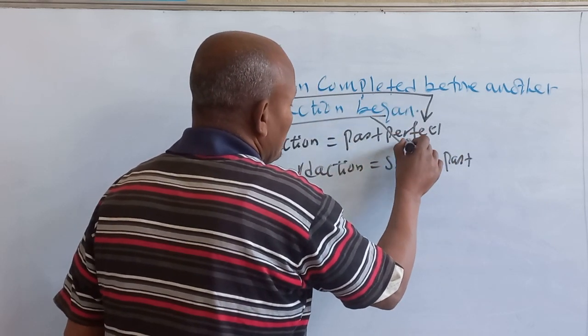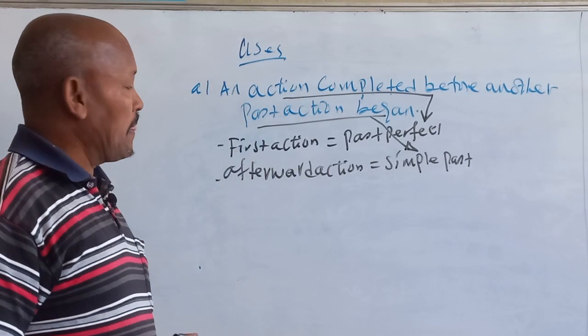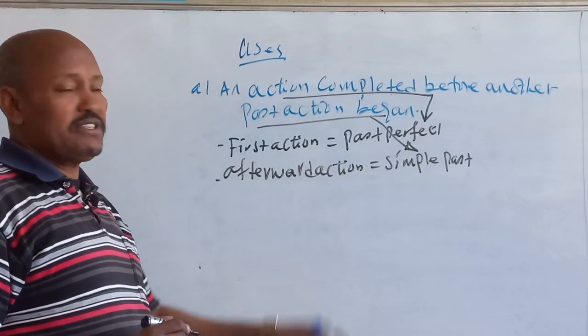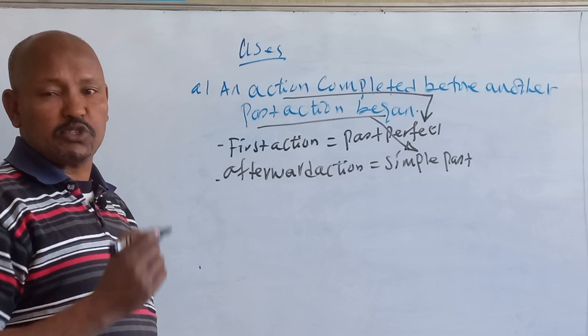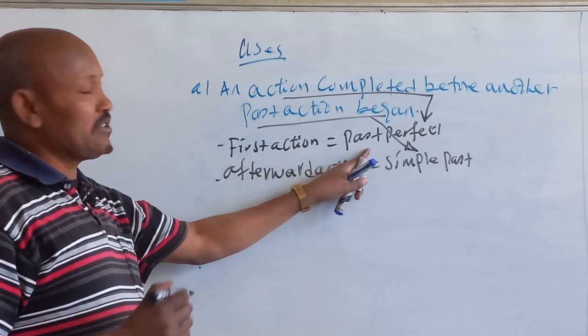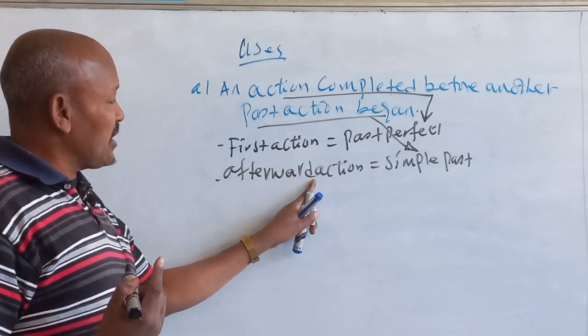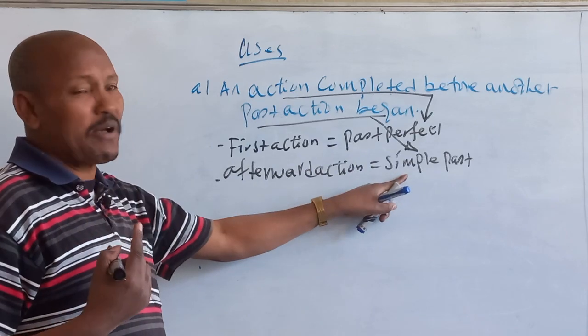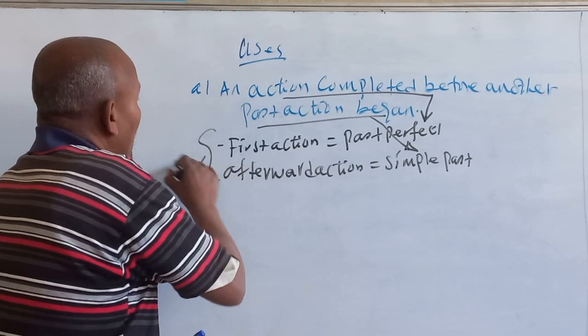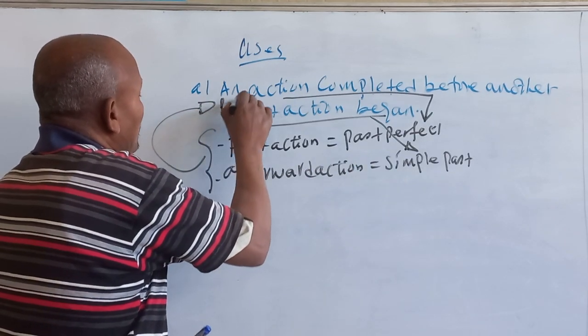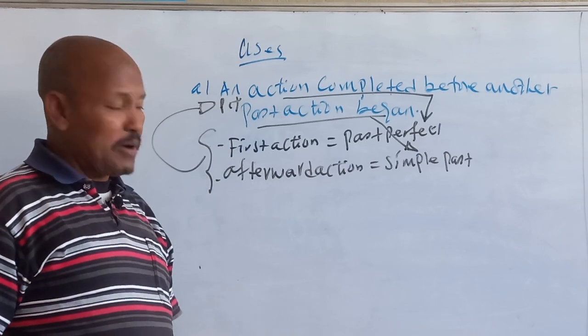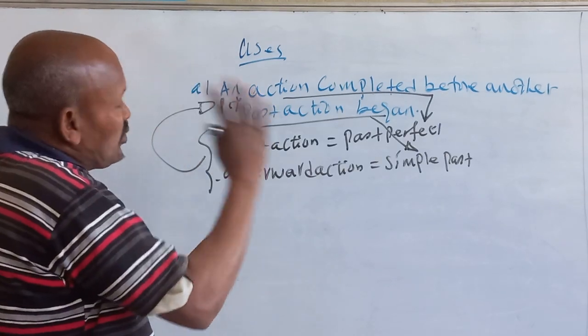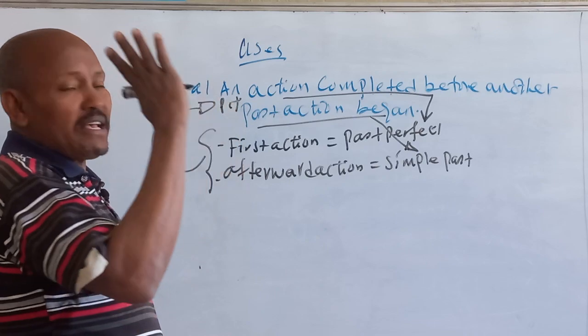Look at this: we have two different activities here. The first action is the past perfect, and the afterward action, which comes after this is finished, is the simple past. The sentence containing both is the past perfect.